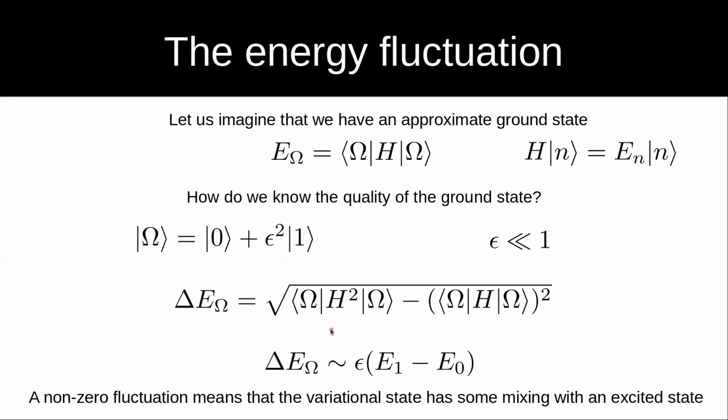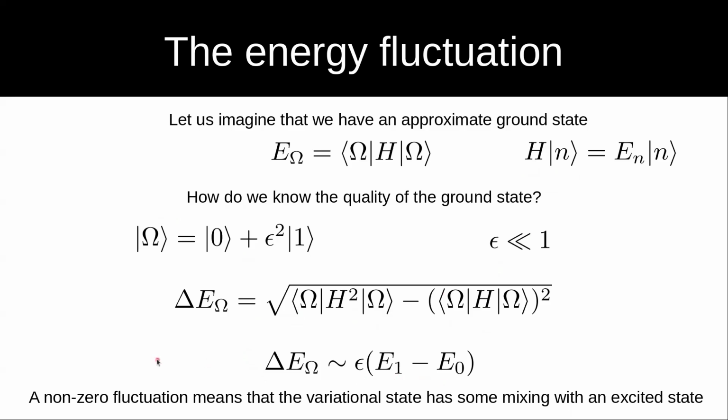So you compute the second moment of the Hamiltonian, the expectation value of H squared minus the square of the expectation value of H. If omega was an eigenstate of your Hamiltonian, this would be automatically 0. If you have a small contribution from an excited state, then what you can actually show is that the energy fluctuation tells you how strong that contamination from an excited state is, and of course, what is the energy difference between the ground state and the first excited state.